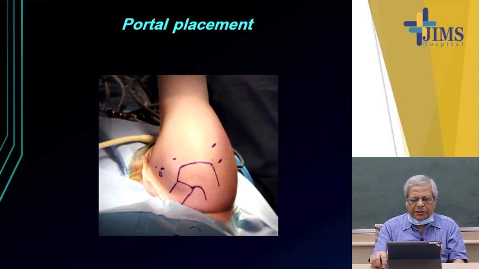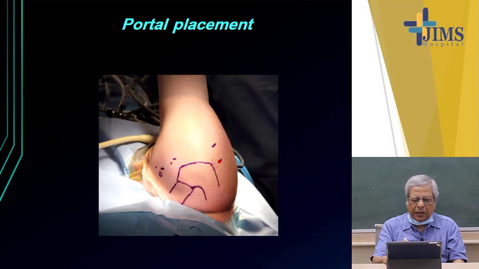Of course, this Latarjet procedure and the Bankart's procedure, these two can be done through the arthroscope. These are the portals, through one perforation, one nick. The arthroscope is placed here through another nick.